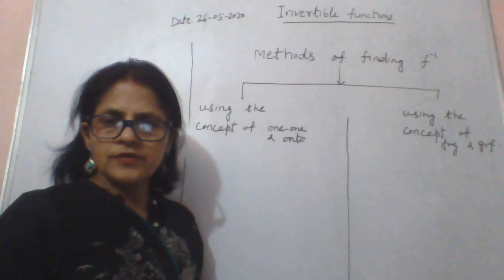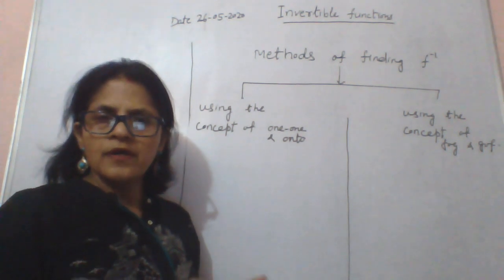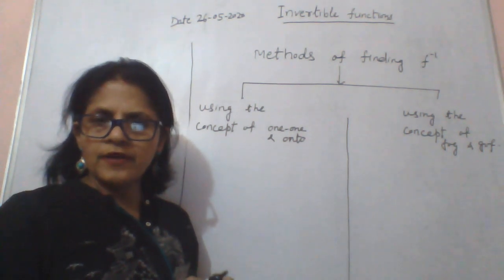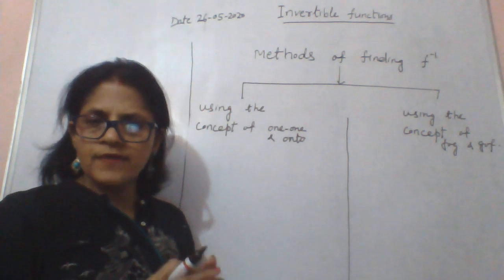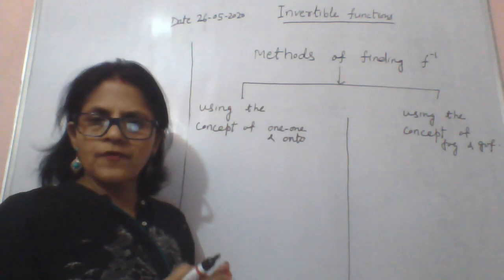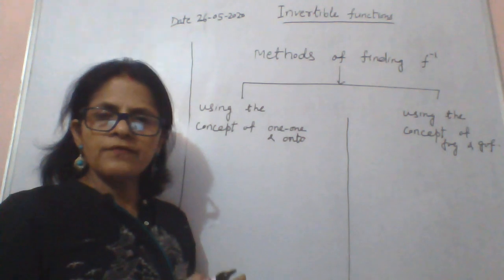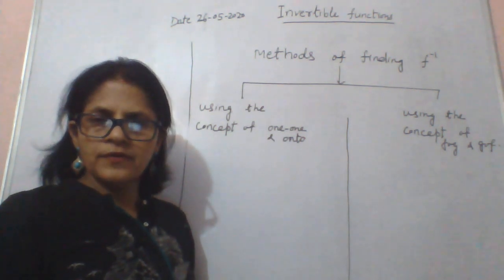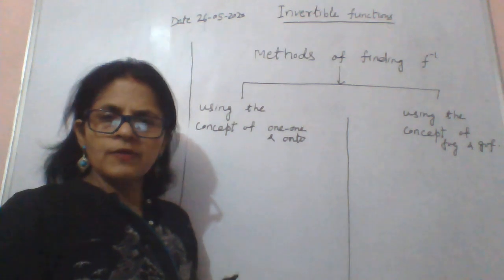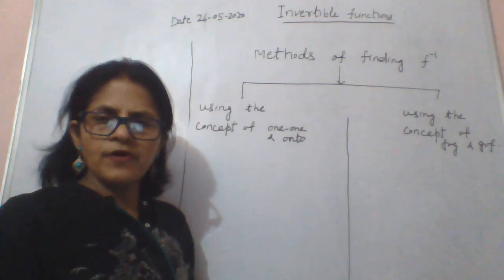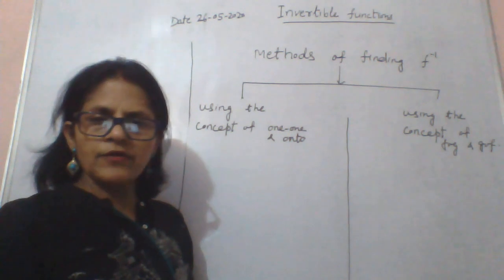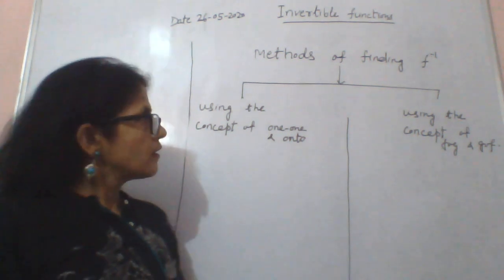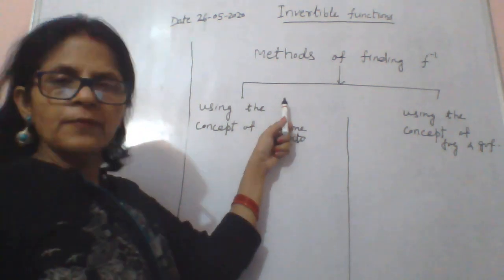As we just discussed, in order to find the inverse of the function, the first and foremost condition is that f from A to B should be a bijective function, right? Whichever method you may use, if the function is not bijective, it cannot be invertible. Okay. Now, methods of finding f inverse.